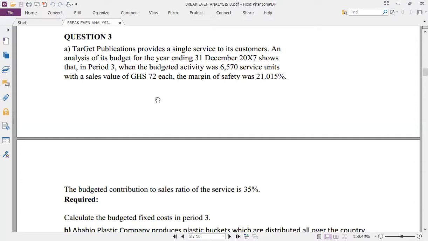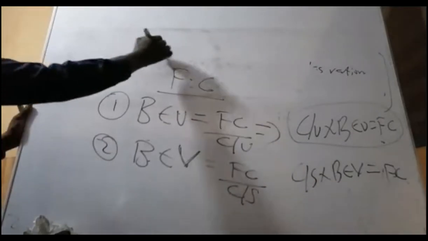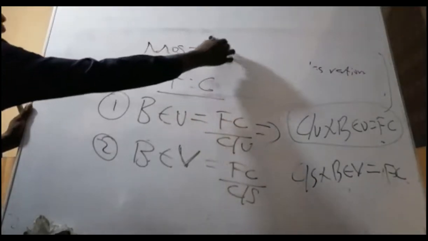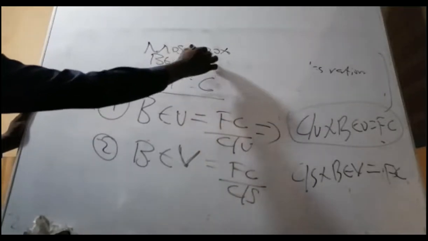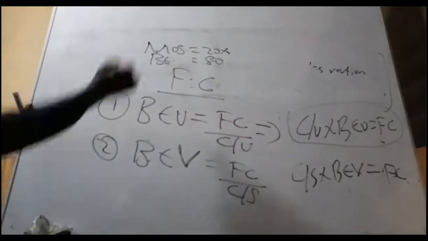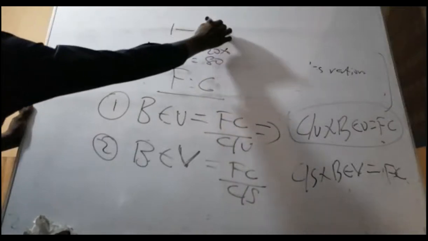We said that if the margin of safety is 21, then the break-even unit must be the other part. If the margin of safety is equal to 20%, then the break-even is 80%. How do you get the 80? It's 1 minus the margin of safety.